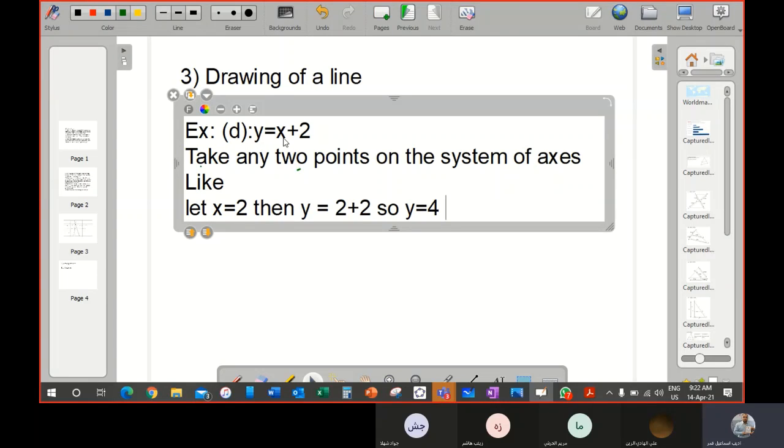For the first point, the abscissa x is 2 and y is 4. So the point is 2, 4.